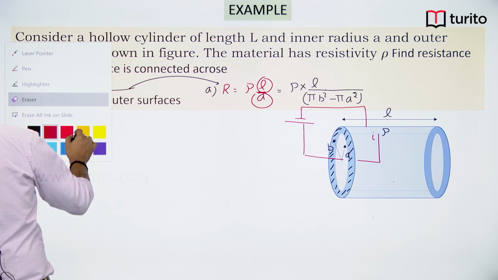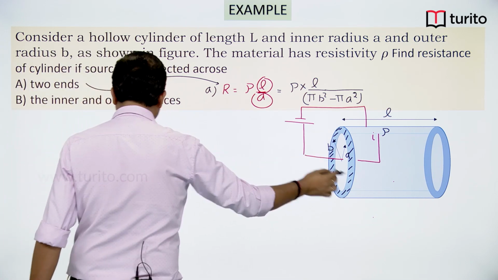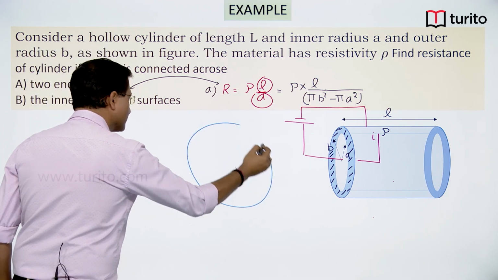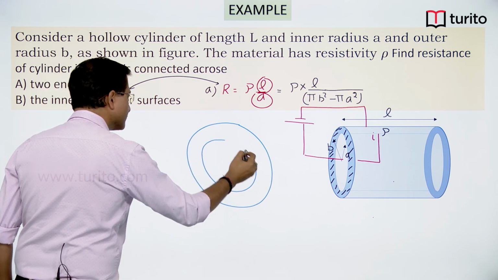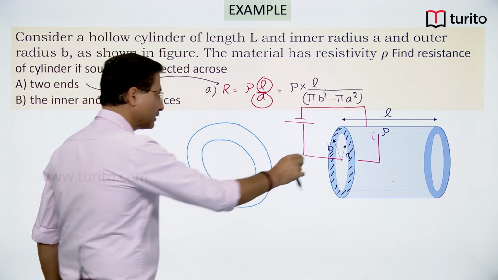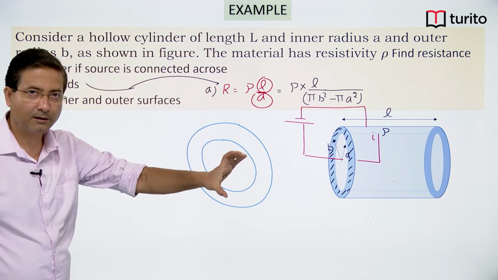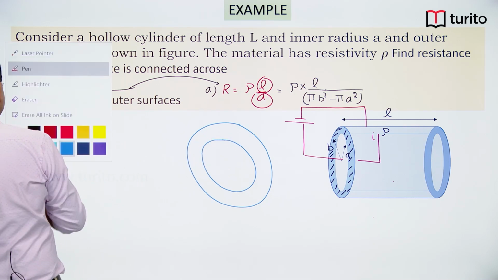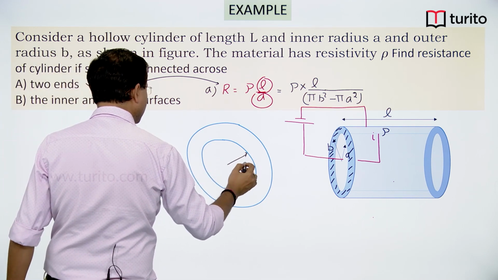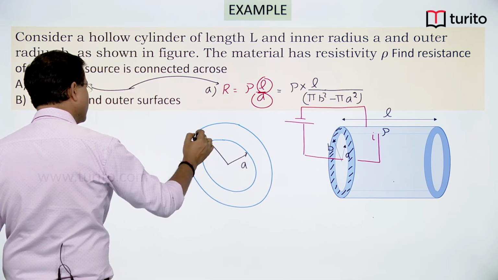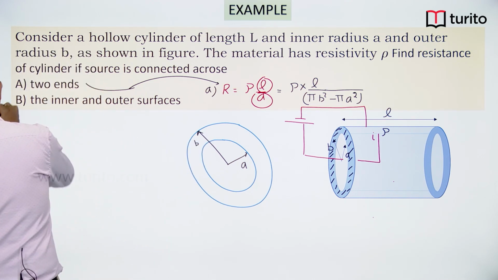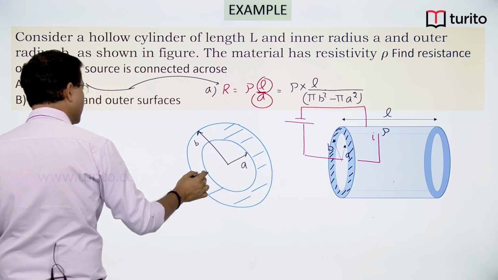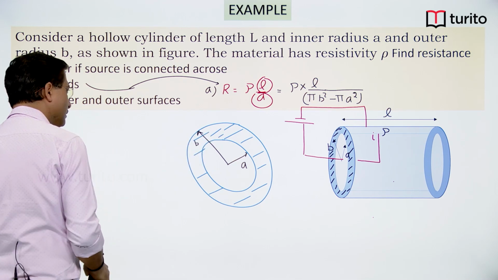Let us see what is happening. So I will draw this cross section first. So this cross section I am drawing, this is representing the cylinder coming towards you, length of cylinder is L. Okay.